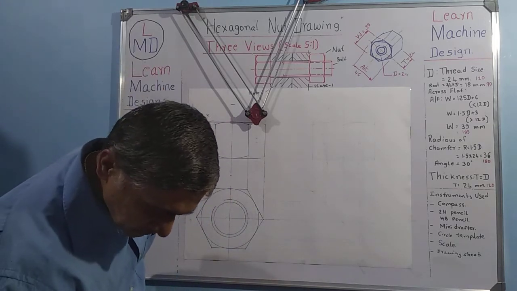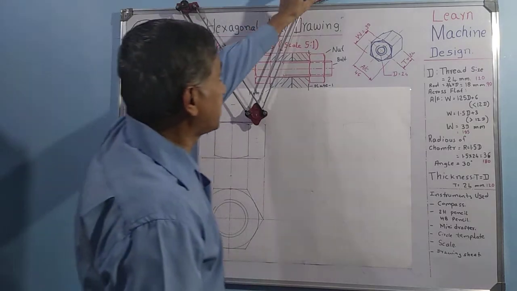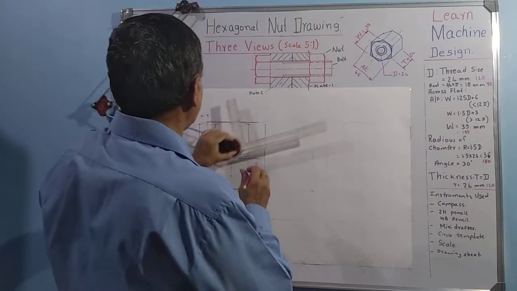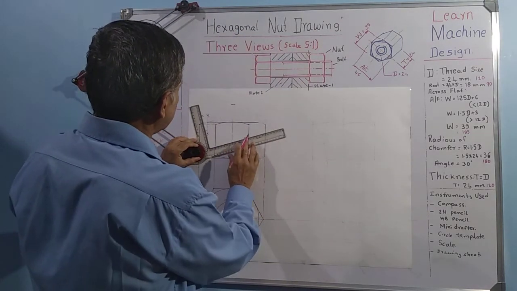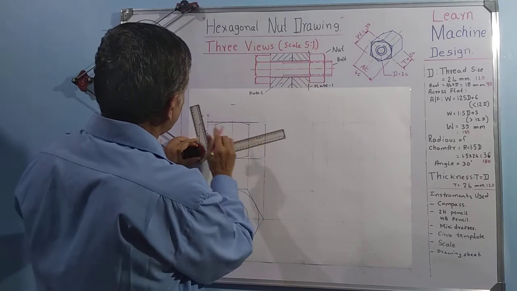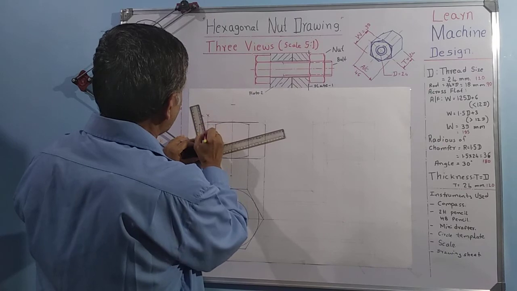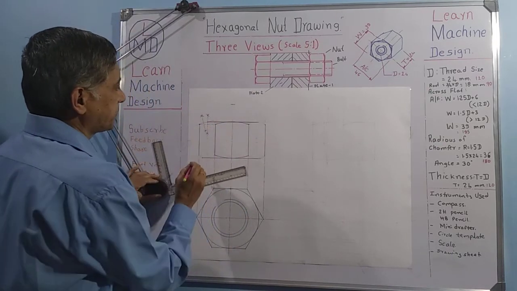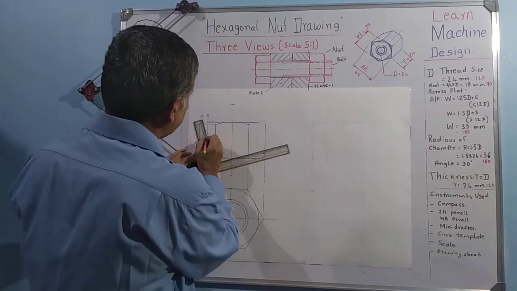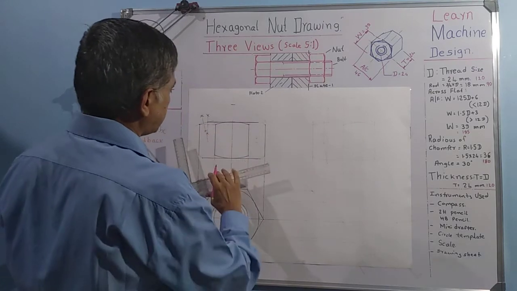Then this is also a construction line. Use 2H pencil only. We have got this line now, and it should be extended to here.